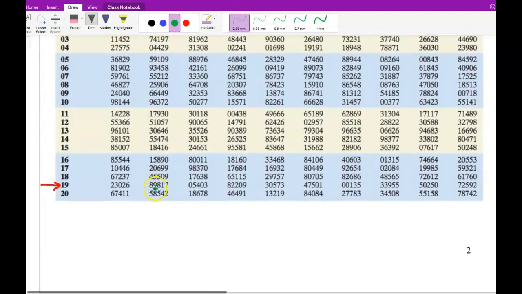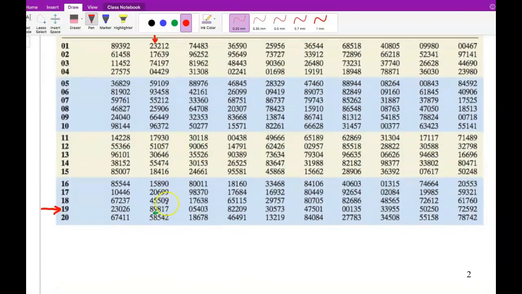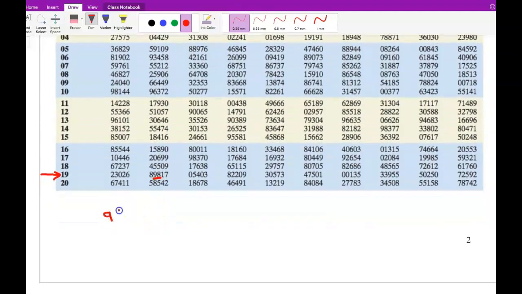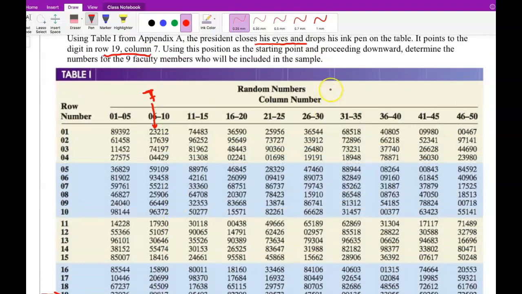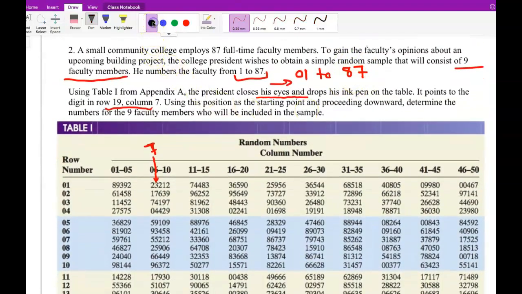Starting here, as I said, I should choose 2-digit numbers. So this is actually 98. The first one is 98, and that is greater than 87, so I'm not able to accept that one.